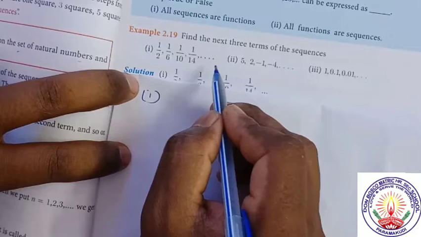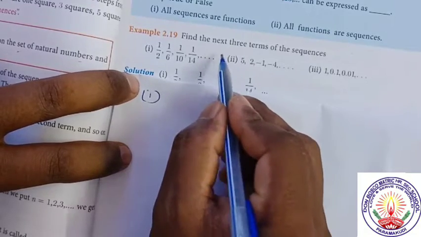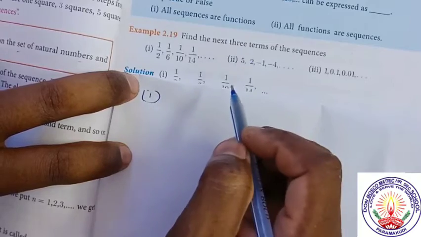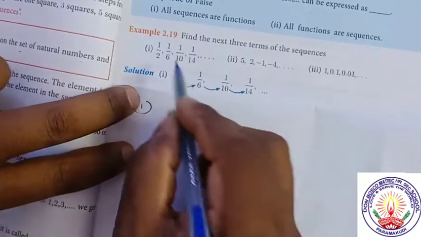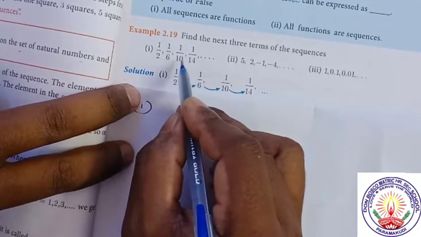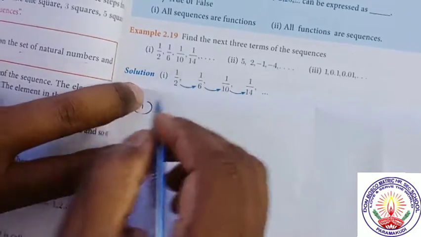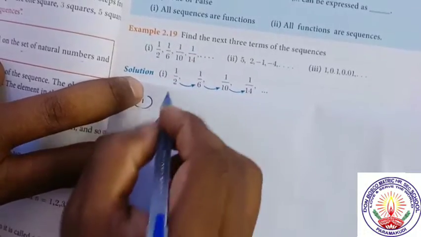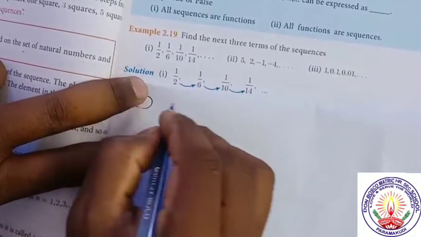The next term, 18 plus 4 is equal to 22, so 1 by 22. The next term, 22 plus 4 is equal to 26, so 1 by 26. Like that, all the numerators are the same, 1, but in the denominator 4 is increased with the previous term.